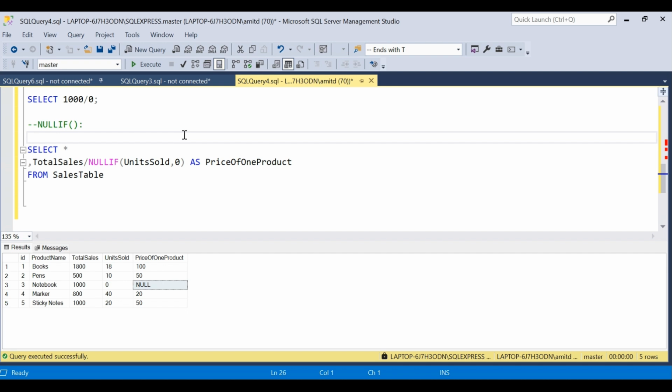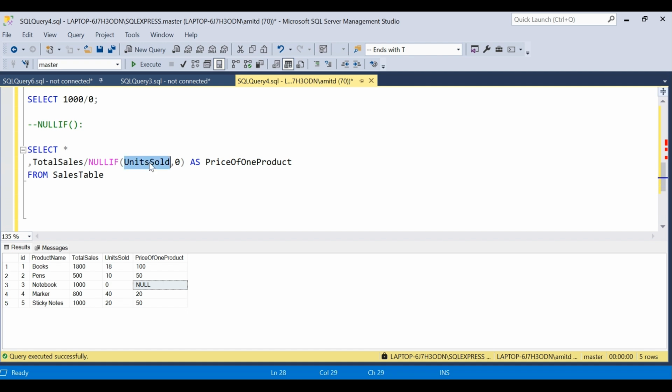So why is null coming here? Why is anything other than null not coming? Because in the NULLIF function, this function returns null if both of the arguments are equal.